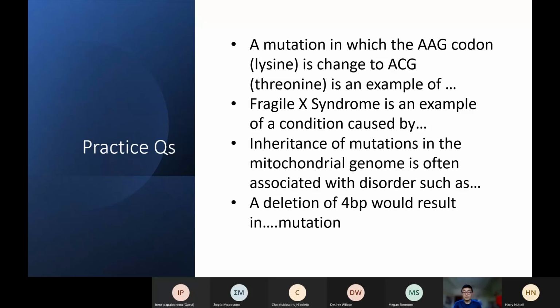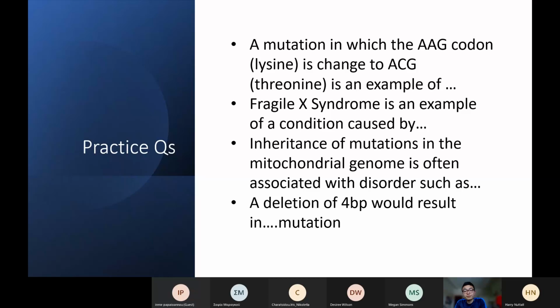Two examples are MERRF, myoclonic epilepsy with ragged red fibers, and also MELAS, which is mitochondrial encephalopathy, lactic acidosis, and stroke. And it's important to note that maternal inheritance of the mitochondrial genome occurs.